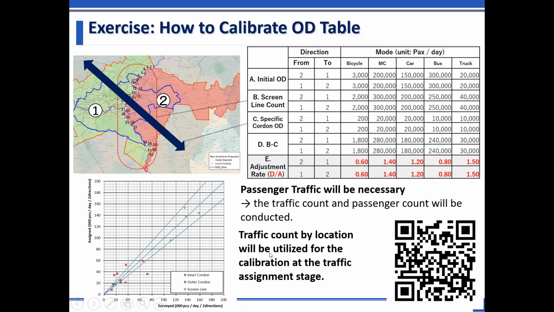This figure shows the plotting of the actual surveyed traffic and the assigned traffic in the demand forecasting stages, and you can compare the figures and see the plotted volumes.